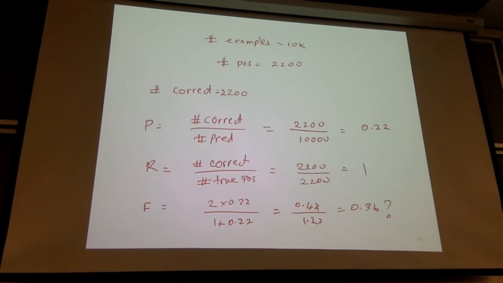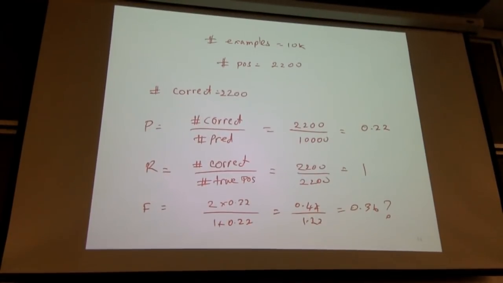The other thing to worry about, in addition to printing just F1, is that you can also print the precision and the recall. Because if you basically get a recall of 100%, that seems suspicious.